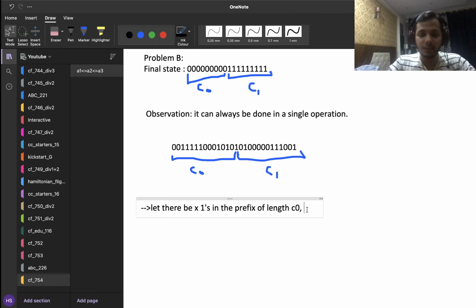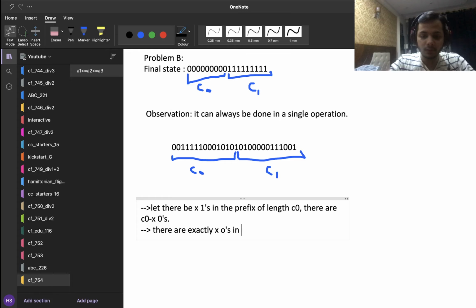That means there are C0 minus x zeros. But we know that the total number of zeros is C0. So that means that there are exactly x zeros in the suffix, right?